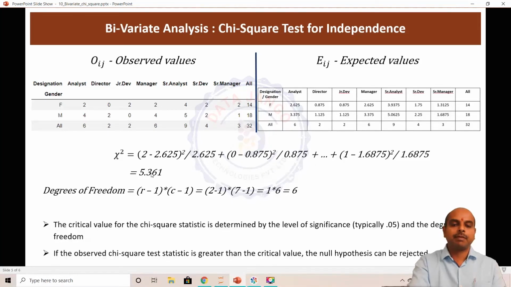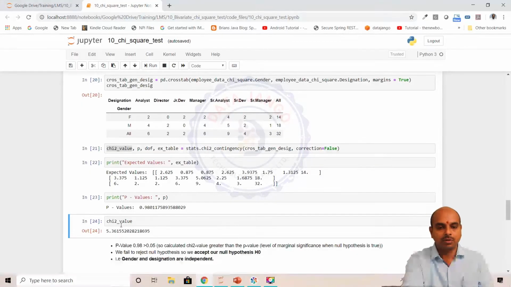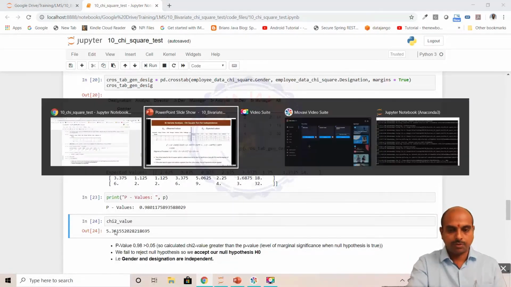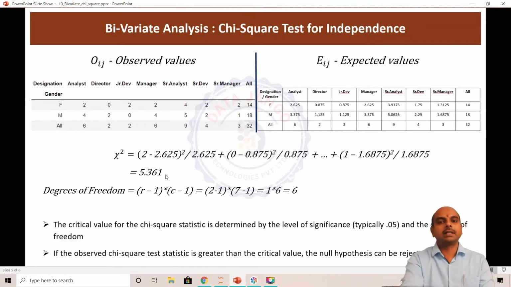We have got 5.361. If you look at the same in the code also, you see the chi value is 5.36155. If you round it off, it becomes 5.362. So that's how the chi-square test calculates the chi-square statistic. But to decide whether to reject or accept the null hypothesis, we need to understand the degrees of freedom.